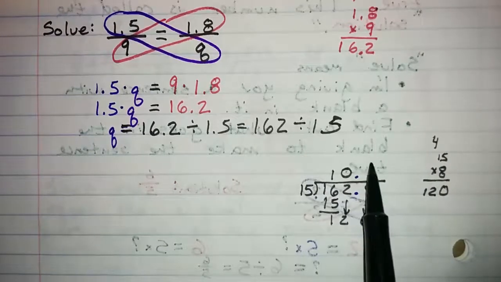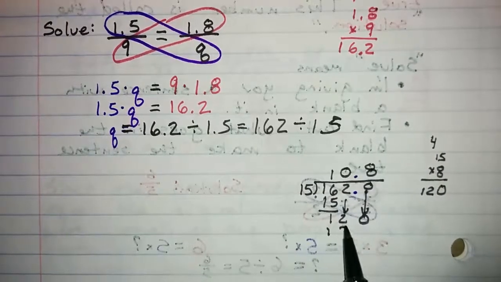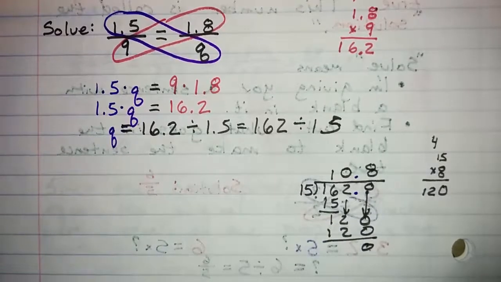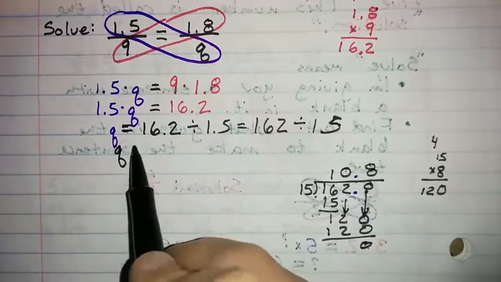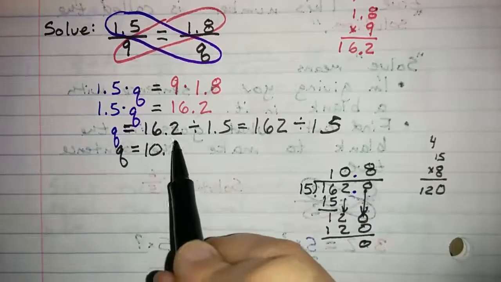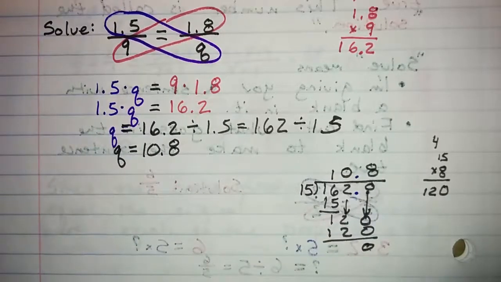Oh, that works. Nothing left. My unknown number q is 10.8. My solution is that the unknown number q is 10.8.